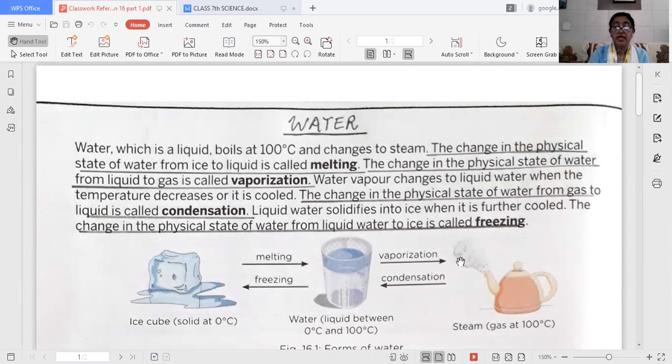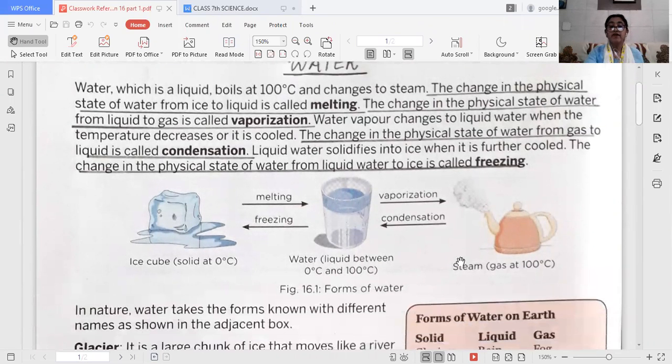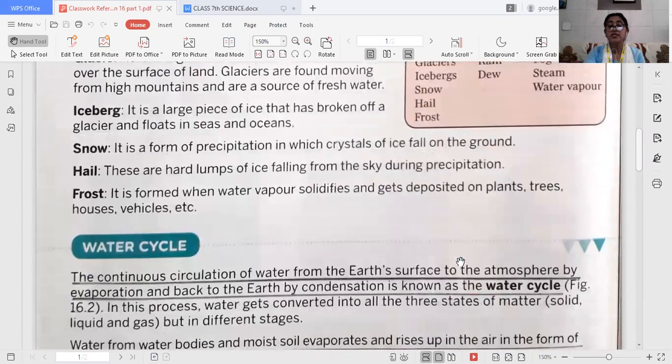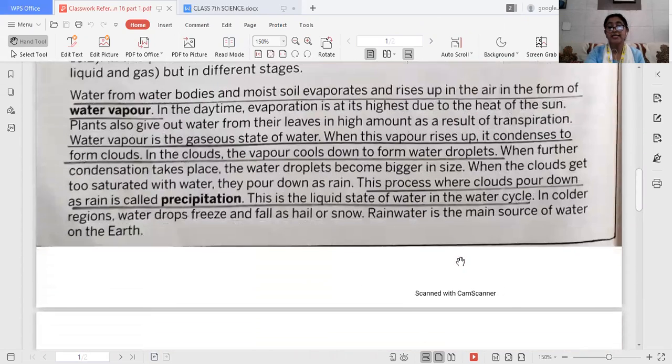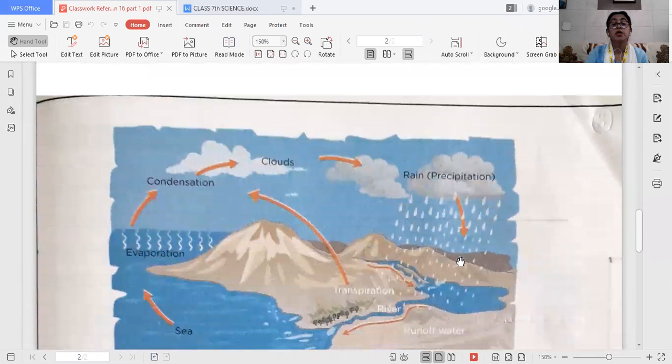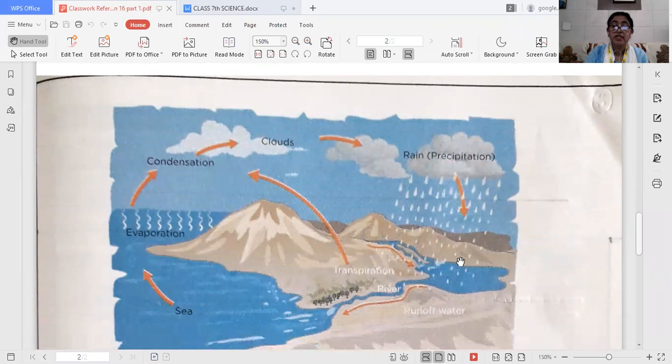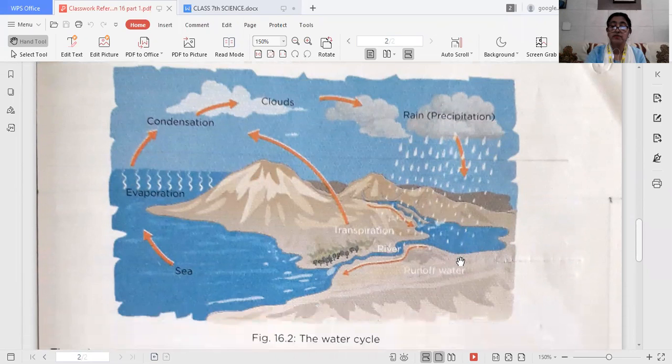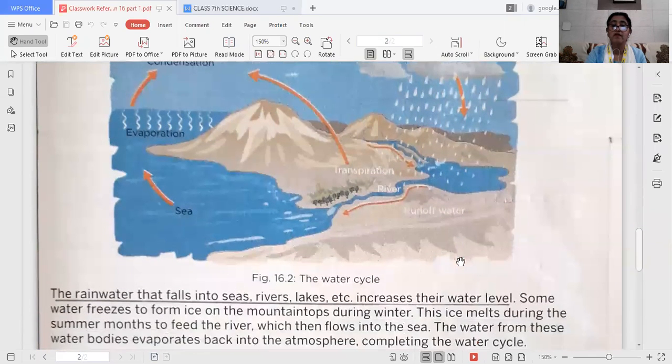Now, it is a continuous cycle, right? So the water vaporizes, then it goes up, then it condenses, then again it falls down, precipitation takes place, so there is always a cycle of water.